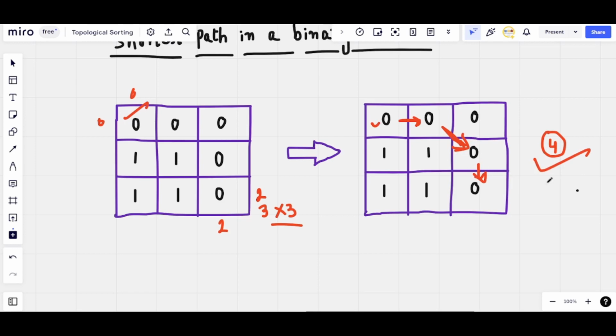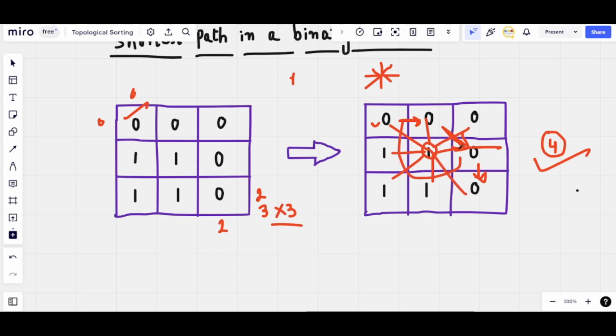Why? Because we are given that from any given cell I can move to 8 directions: left, right, up, down, along the corners as well. Like from here I can move to this cell, I can move to left cell, I can move to the cell below it, I can move to the cell just above it, I can move to this cell, to this cell, as well as to this cell.